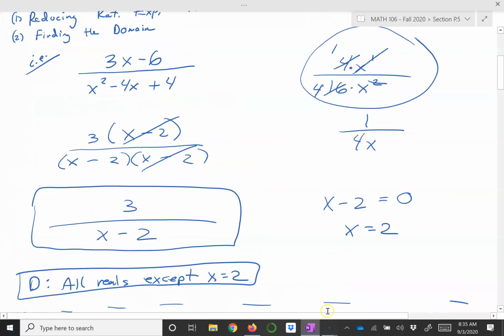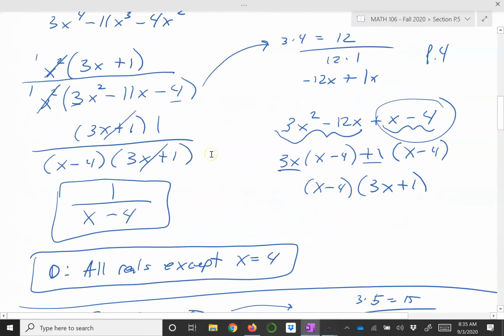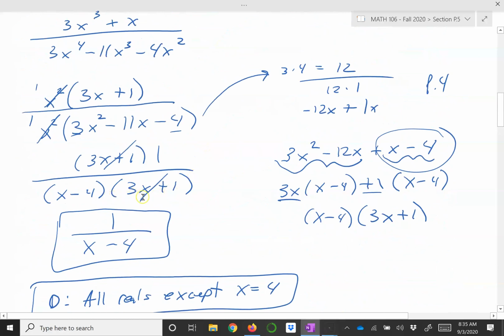Do you see this line right here? This 3 times x minus 2 over x minus 2, x minus 2. In this case, you had 2 x minus 2's in the denominator. Actually, let me find a better example. Yeah, this one right here, where you have this 3x plus 1 that we cancel out.